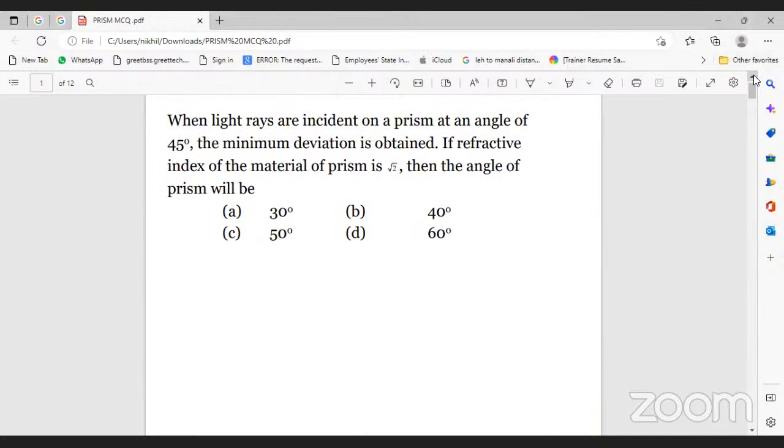Let me solve an objective question based on this chapter, based on the prism. Look at the first question.